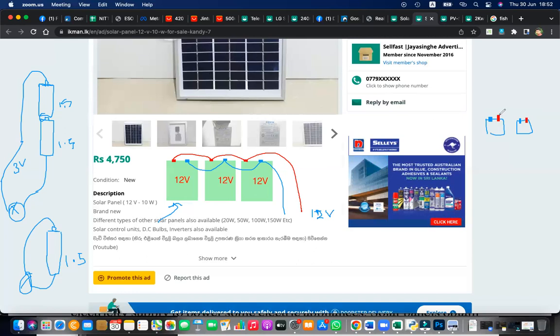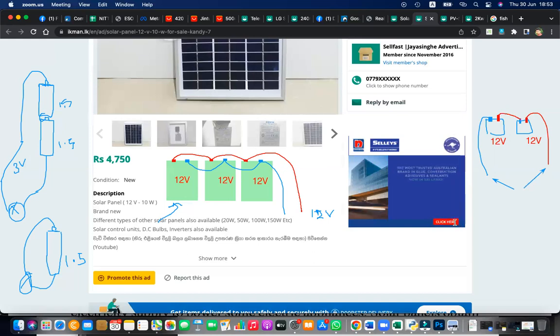You can connect anode to cathode, then take a wire from the anode and a wire from the cathode. Each of these is 12 volt, but since you connect anode to cathode, you will get 24 volt as the output.